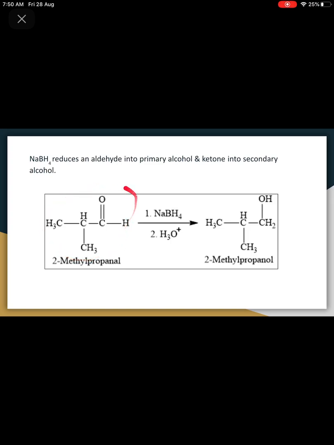Here we have taken an aldehyde as a reactant. So this NaBH4 will reduce this carbonyl group to what? Alcohol, and we will get 2-methyl propanol. So this aldehyde will get reduced to primary alcohol, and ketone will get reduced into secondary alcohol.